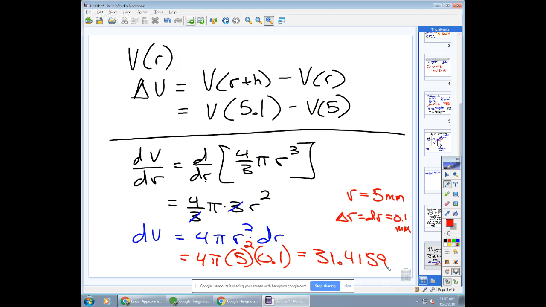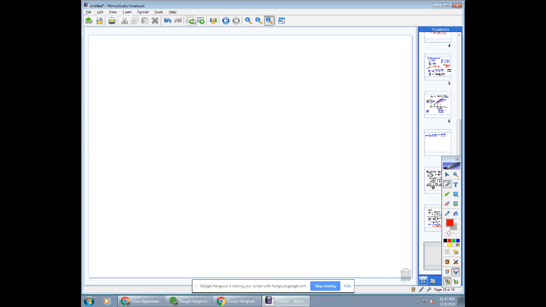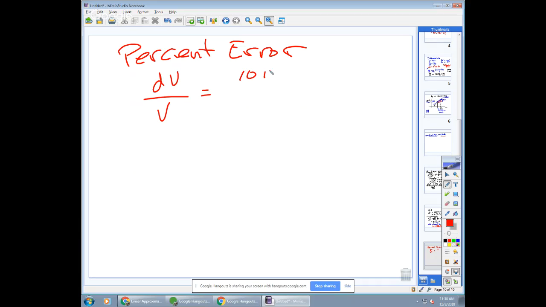So then we have to find percent error. This is the actual error, and we're going to find the percent error next. The percent error would be the change in volume divided by the actual volume, expressed as a percentage. So for us, we've got our 10 pi as our differential change in volume. The actual volume will be 4/3 pi times 5 cubed.